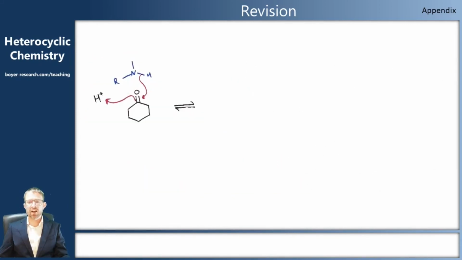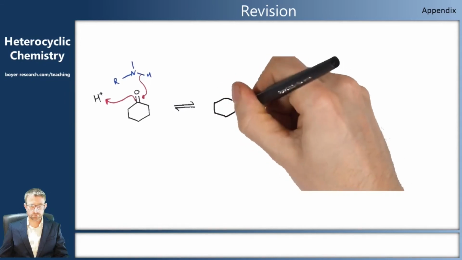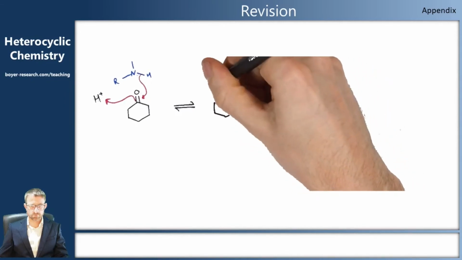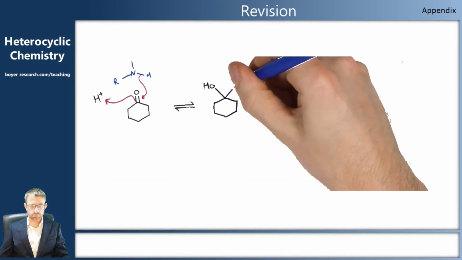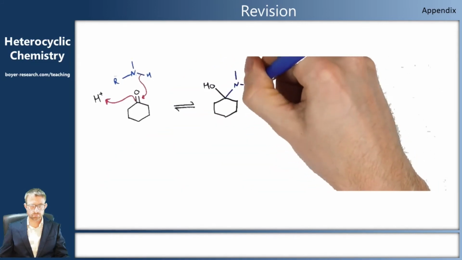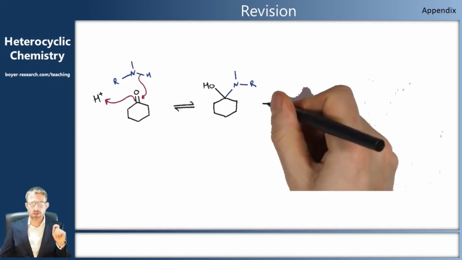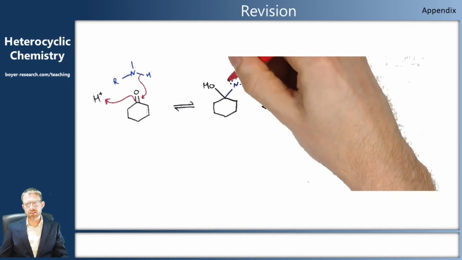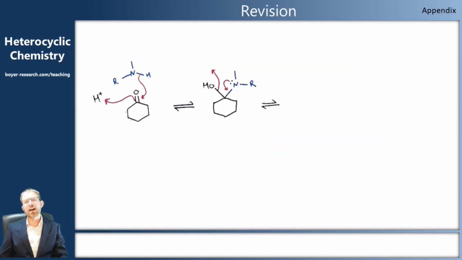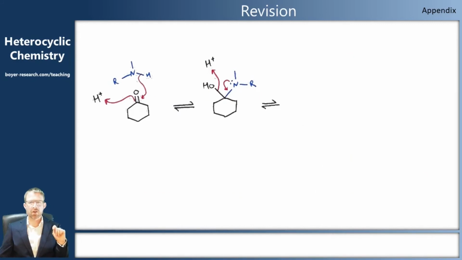The resulting O is quenched with an H. At this stage, our nitrogen lone pair comes back in again and pushes out the OH minus leaving group. So we have N plus and OH minus.